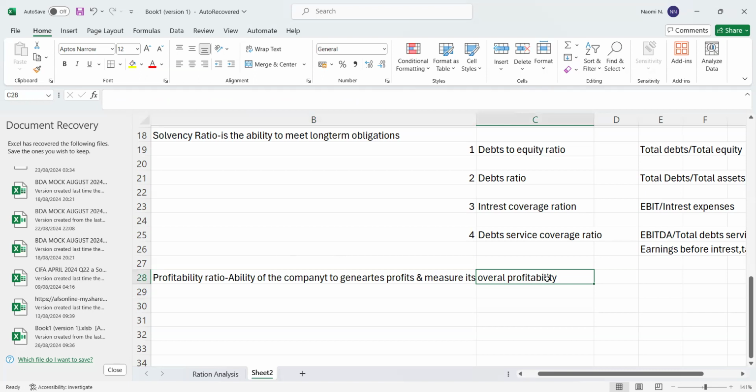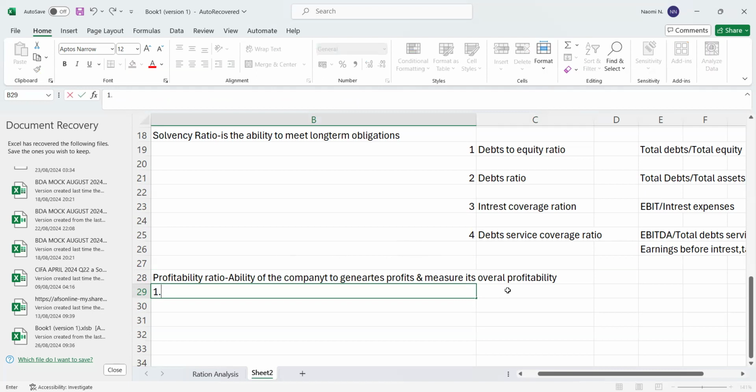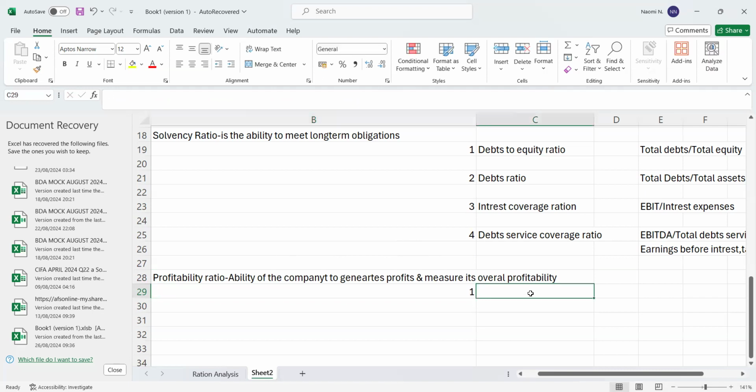So on this one, we will start with something everyone is aware of, gross profit. How do we calculate it?